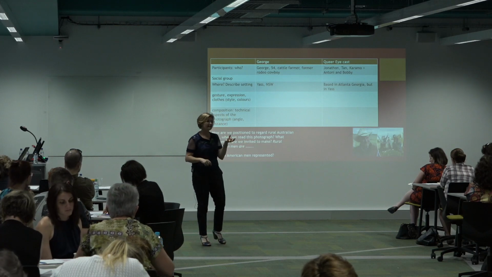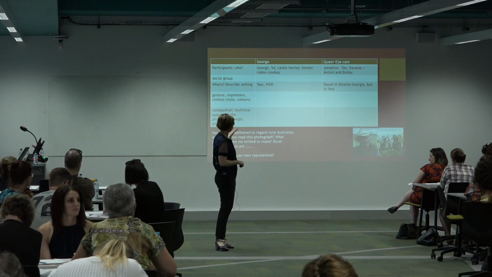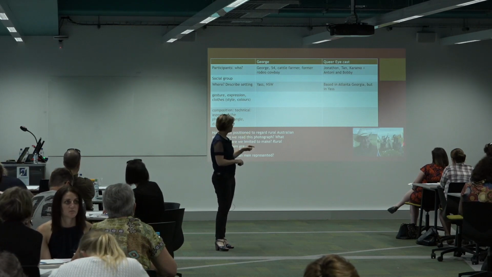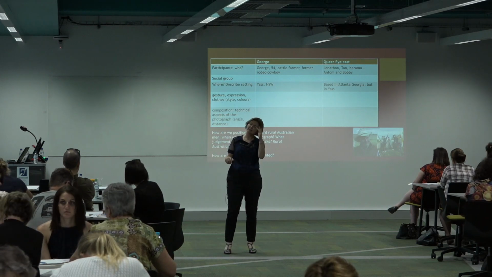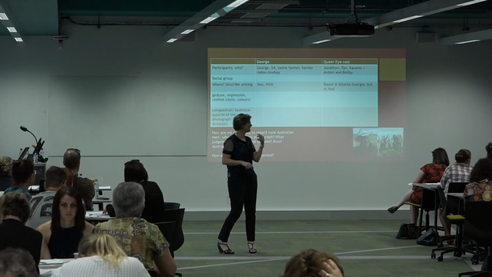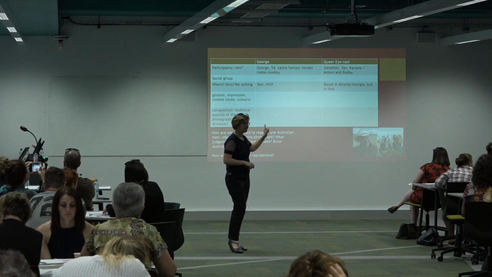Describe that setting. What is Yass like? Do a little bit of research about the social context. What kind of gestures and expressions? So you could really just analyse here. Where's George looking up into the sun, with his half sunburnt, half tan face out from under his hat? And what are these guys doing?